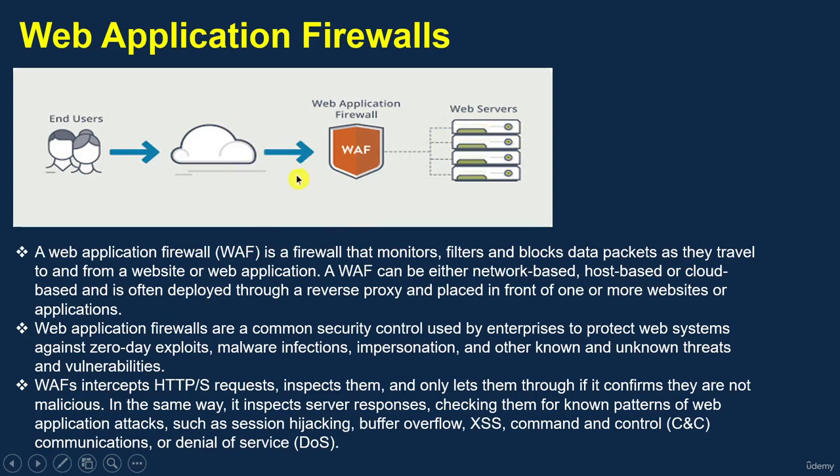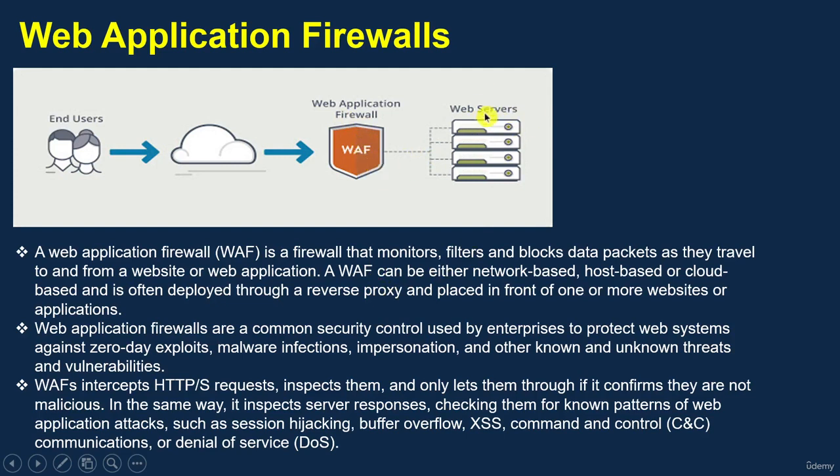Generally this will protect the web applications. HTTP traffic will be examined, and it typically protects web applications from attacks such as SQL injection, cross-site scripting, and web session hijacking. Likewise, web attacks will be prevented using this web application firewall. That is the main duty of the web application firewall.